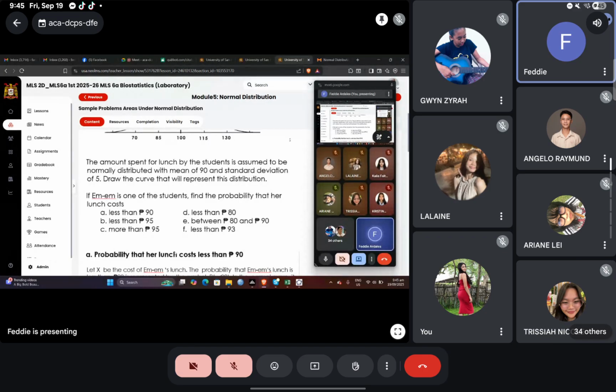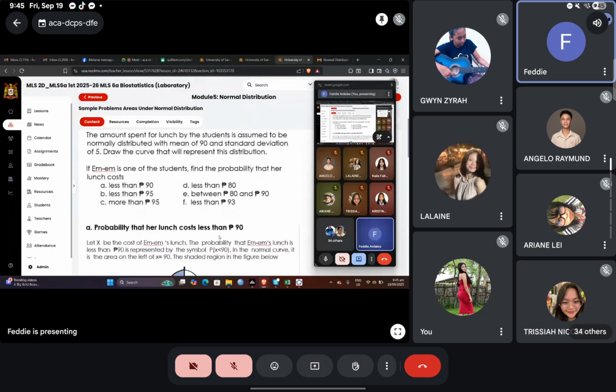And letter E, between 80 and 90 pesos. And F, less than 93 pesos. So how are we going to answer this? Let's make use of GeoGebra, and also we will compare the result using your online normal distribution calculator.